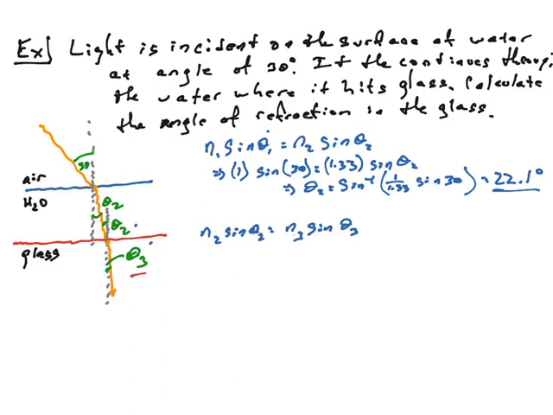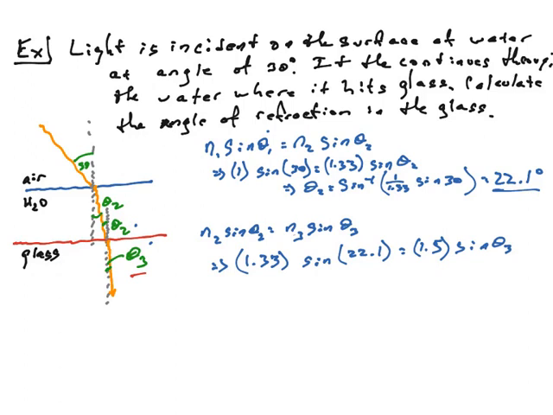The angle of incidence is this theta 2, 22.1, and I want to find theta 3. All right, no problem. N2, water, 1.33, sine theta 2, well, theta 2 is 22.1, equals N3, glass, 1.5, times sine theta 3, which is what I want.